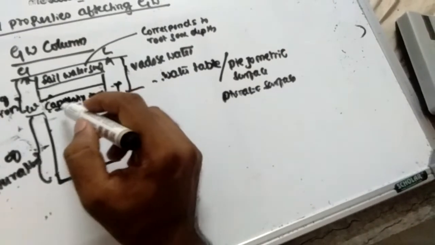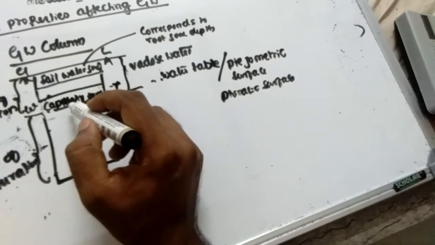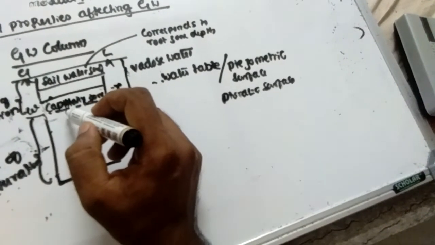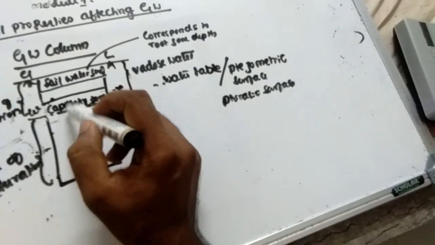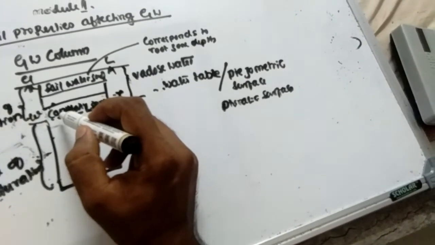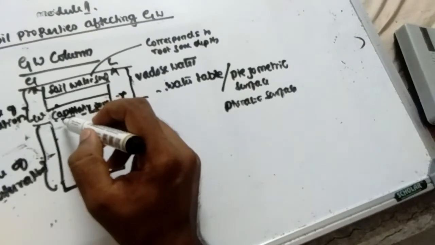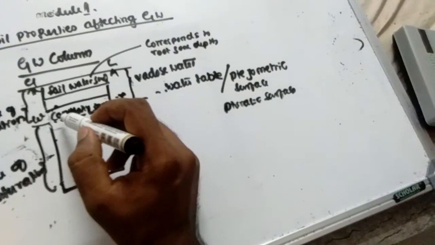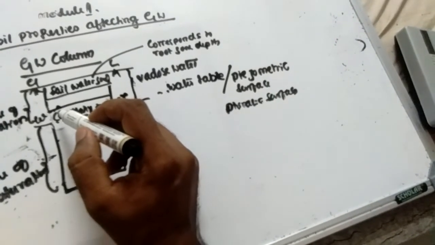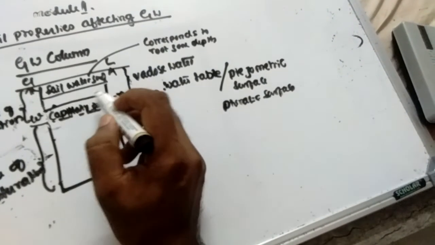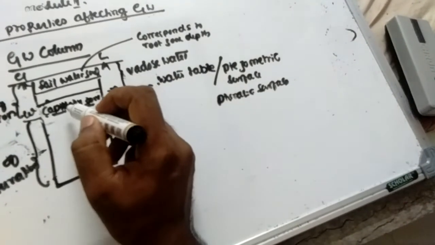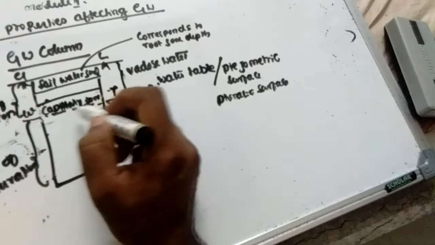Even though it is above the water table in the zone of aeration, due to capillary action in thin capillary tubes as well as slots, some water rises up by capillarity due to the surface tension of water.